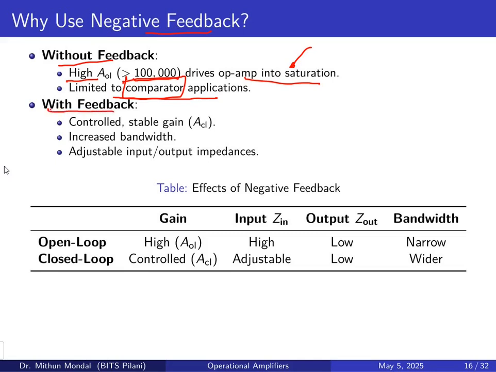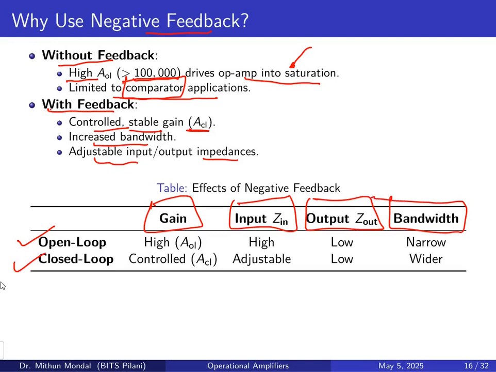Now, when we use this feedback, the closed loop gain becomes stable and it is controlled. The bandwidth is increased and you need to have proper adjustment of the input-output impedance. So if you compare the open loop with the closed loop, parameters like gain, input impedance, output impedance, and bandwidth, we see that the open loop, although it has high gain, but that can be controlled using the closed loop.